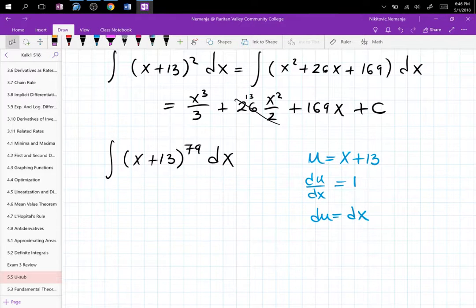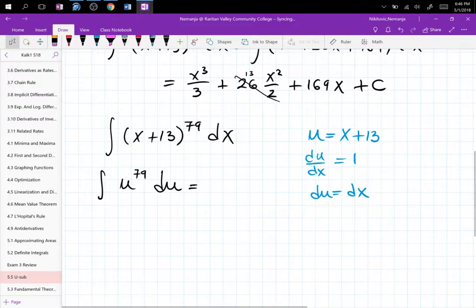Let's substitute. Well, integral is still integral. X plus 13 is u. I have the 79 power, and instead of dx, I write du. Yay! I got to change all of the x's into u's, and in the process get a very simple problem to do. What's the integral of u to 79?